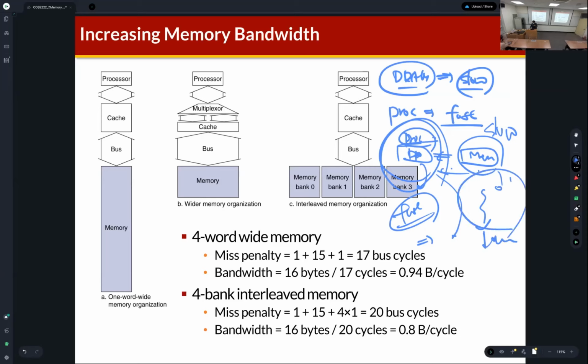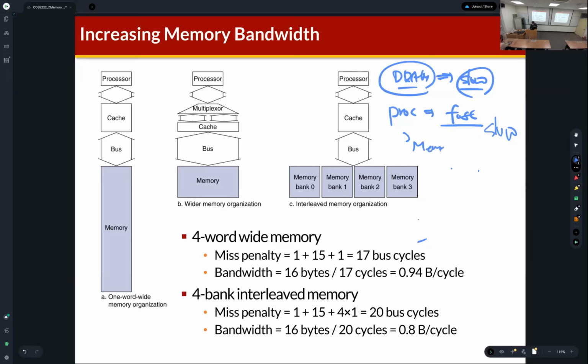But because of the slow memory, the performance of the processor is bottlenecked by its memory. This is called the memory wall.